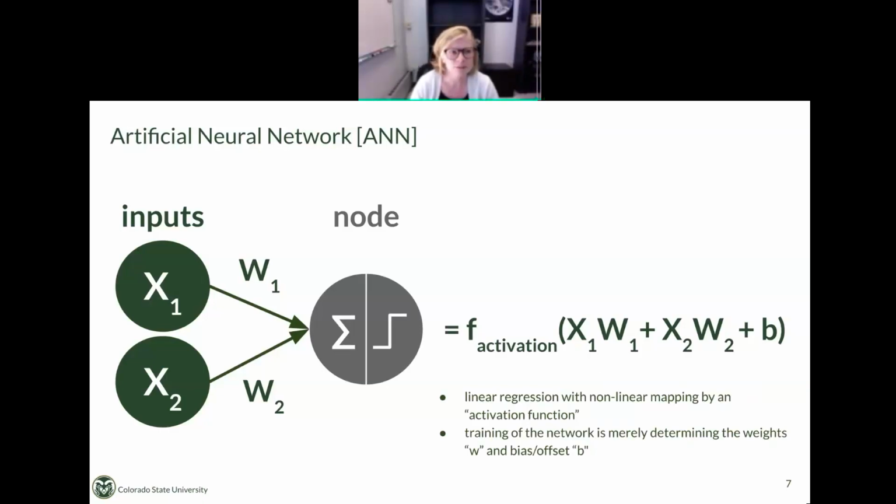You can think generally of an ANN as linear regression with a nonlinear mapping by what we refer to as an activation function. Then when we say that we're training a neural network, we're just determining these weights and biases that minimize this loss function that we prescribe, which is similar to linear regression.